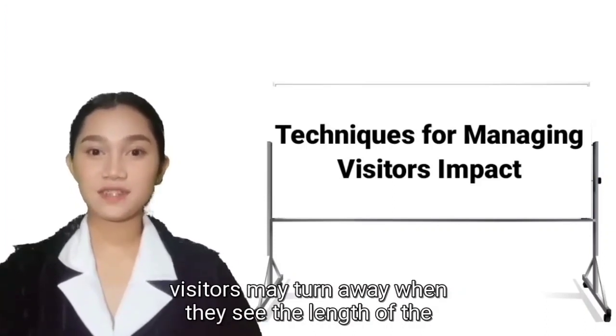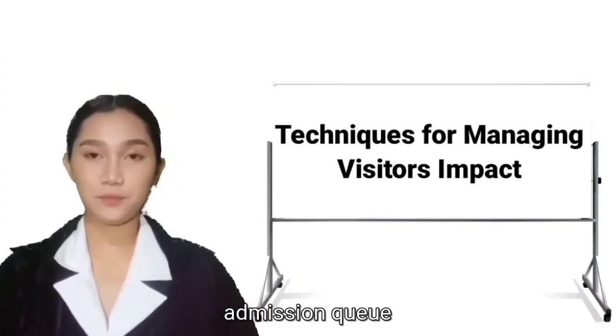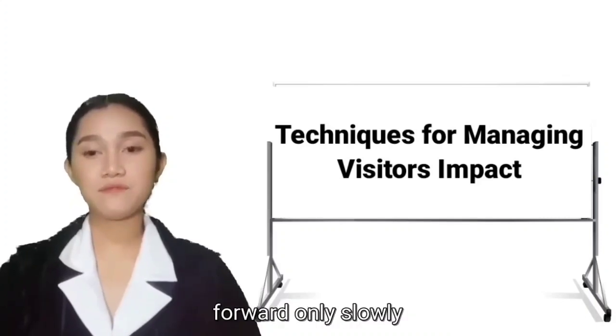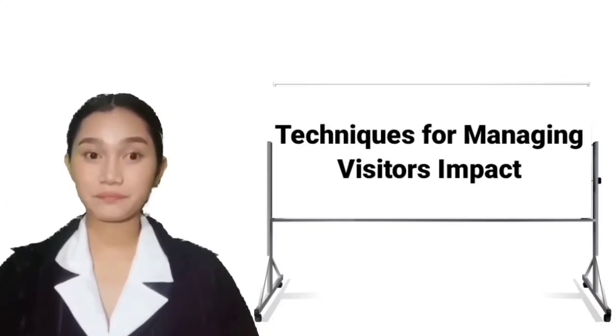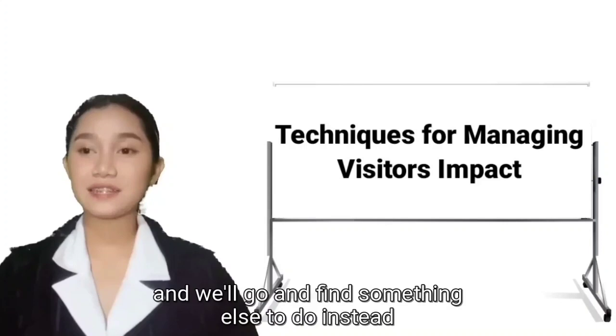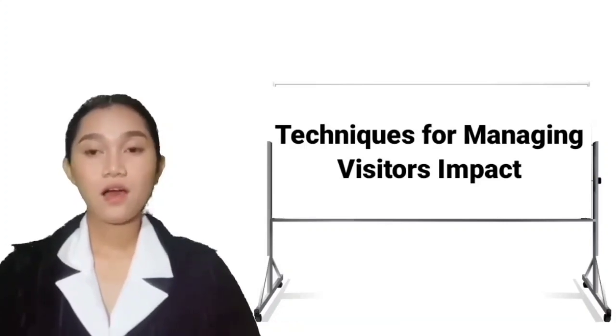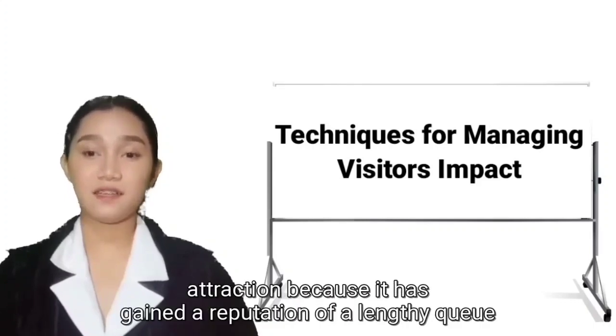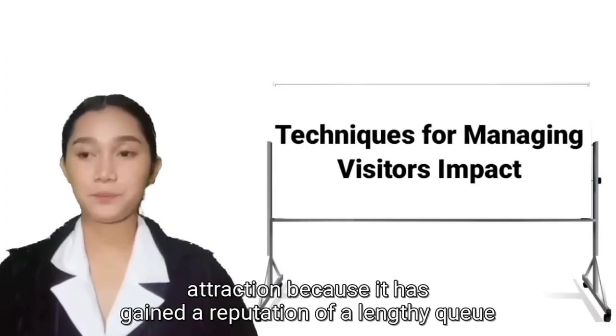Some potential visitors may turn away when they see the length of the admission queue. Others may join the queue but become bored when it moves forward only slowly, and will go and find something else to do instead. Other potential visitors may be put off from visiting the attraction because it has gained a reputation of lengthy queues.